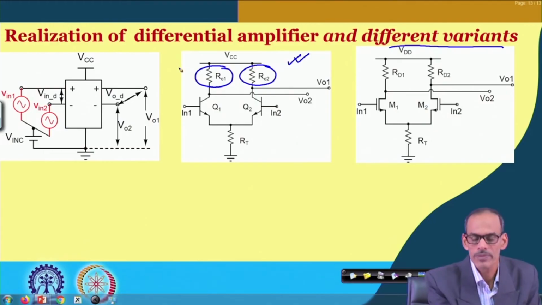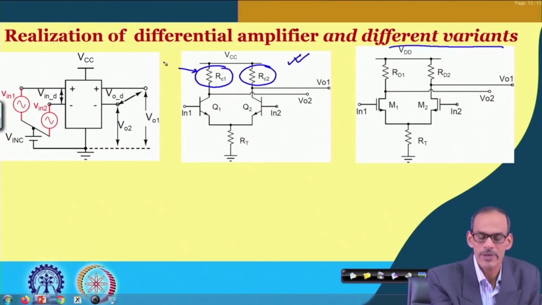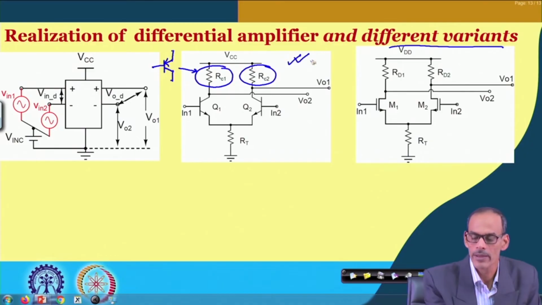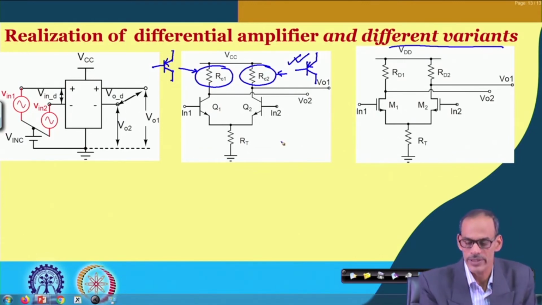So, we can replace this passive element by two identical PNP transistors, here and here. As I said, they should be identical, and by doing that we can get higher differential gain, so we can increase the differential mode gain.